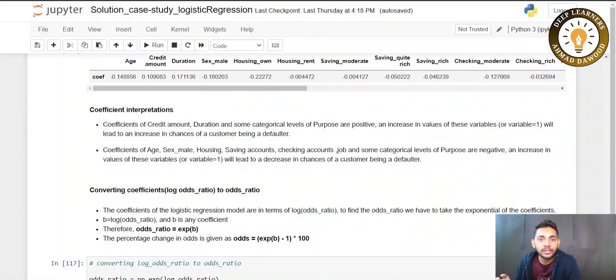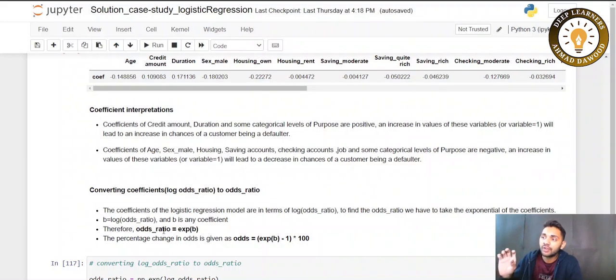Now for interpreting the strength of the relation with the target variable, we have learned the odds ratio and the percentage change in odds. The coefficients of logistic regression are the log of odds ratio. If we take the exponential of these coefficients, it becomes the odds ratio. Let's say in the case of male, e raised to the power of minus 0.18 will be the odds ratio.